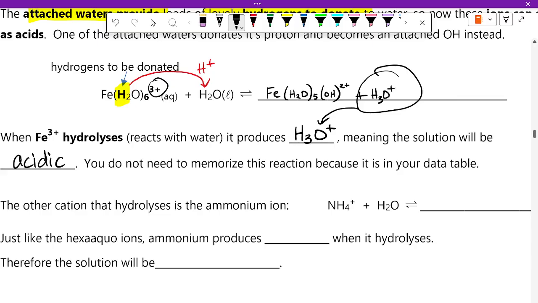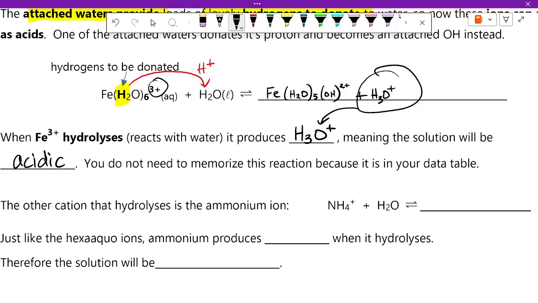That's the only way for you to tell. You have to look at the hydrolysis and say, did it make hydronium? If so, it's acidic. Did it make hydroxide? If so, it is basic. Okay, you could just use aluminum or chromium in here. It would be the same thing.